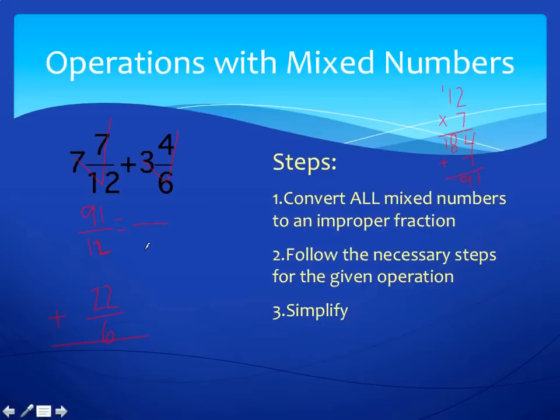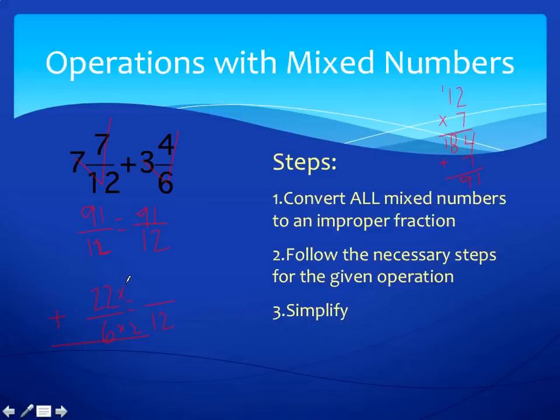So I know my common denominator is going to be 12, which means I can leave my first fraction exactly as it is. And my second fraction I will need to rename with a denominator of 12. So 6 times what number gave me 12? Well, I know that's 2.